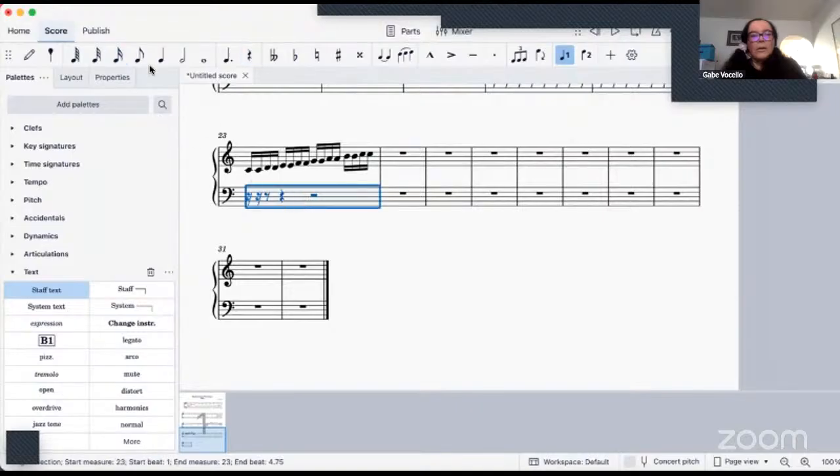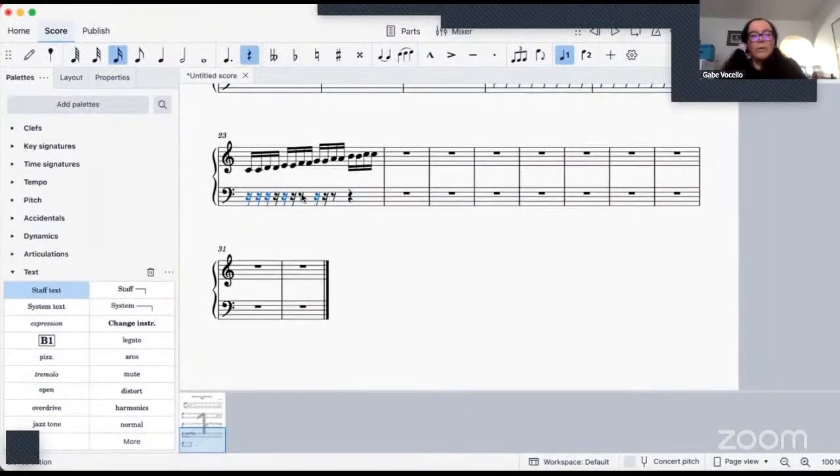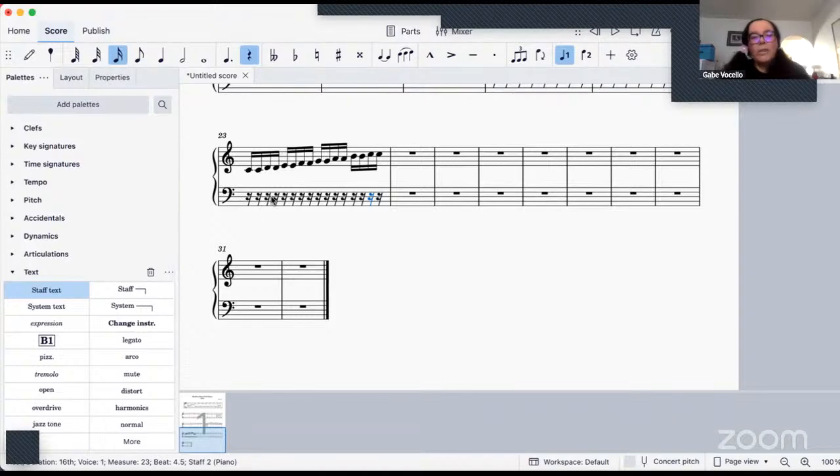Now here the 16th rest. For the 16th rest you have the stem and the two flags on the left side of the stem.